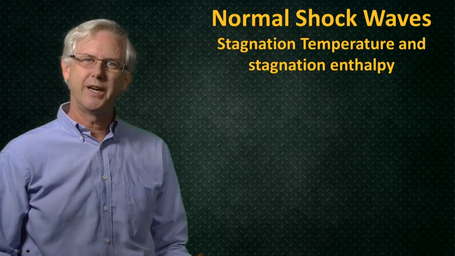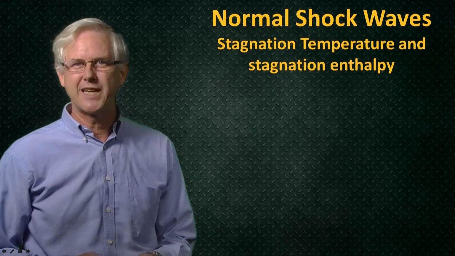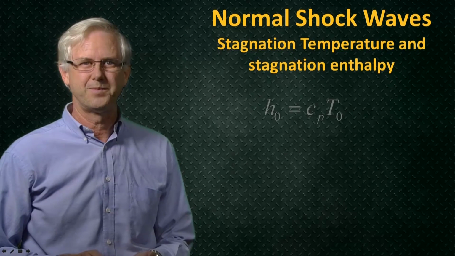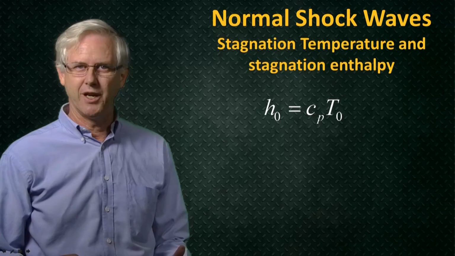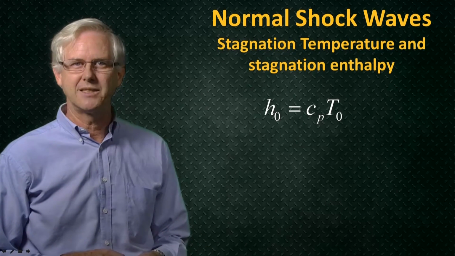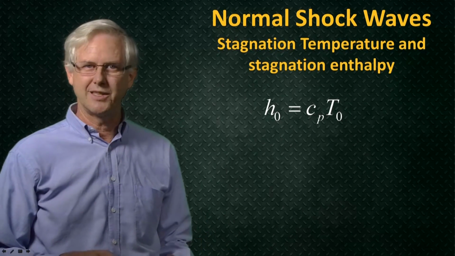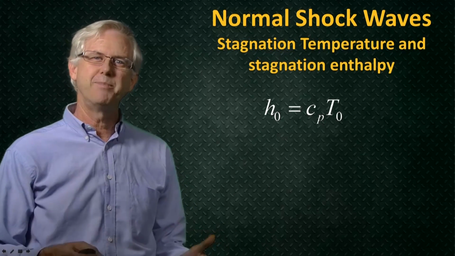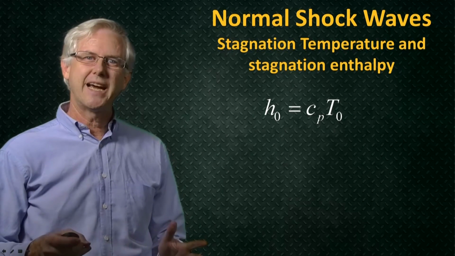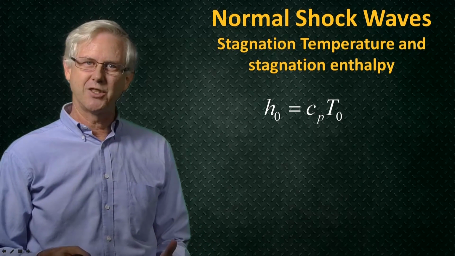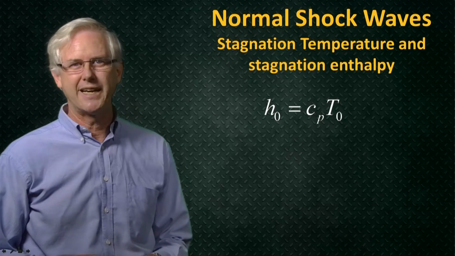So there's no heat transfer and no change in the stagnation enthalpy of the gas. Remember that we're relating enthalpy directly to temperature for our calorically perfect gas. That is, H0, the stagnation enthalpy, is equal to Cp times T0, the stagnation temperature. So if the stagnation enthalpy remains unchanged across a shock wave, so does the stagnation temperature.